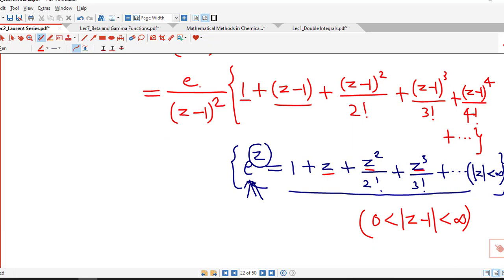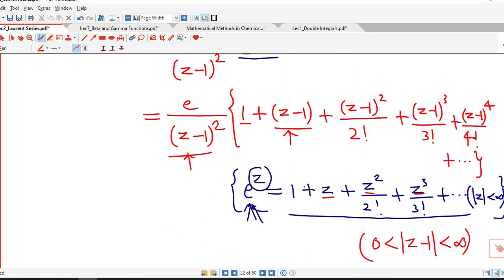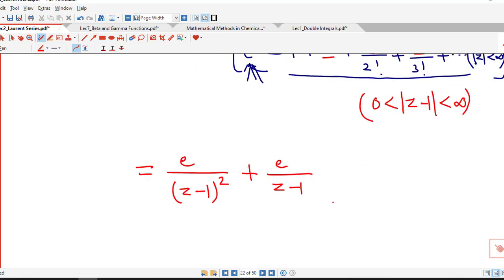So with 1 we have e over (z minus 1) square. If we multiply this with this, 1 z minus 1 will cancel out, and we will have e divided by z minus 1. Then here (z minus 1) square will cancel out if we multiply these two, and we will be having e divided by 2 factorial.